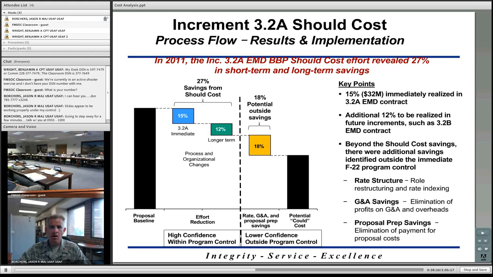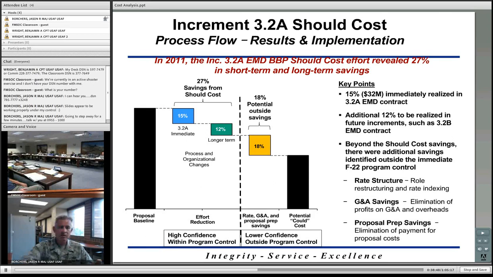One point to note on this is that to the left of the dotted line, there's a higher confidence that these savings will be realized. A lot of those savings are within the program office's control. It's something that they can actually control, so there tends to be higher confidence that these savings will actually be realized.